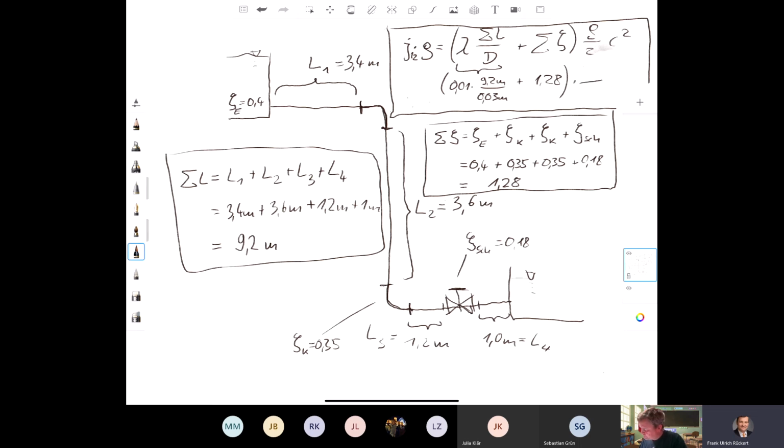So 2 times, and the velocity was, I think, 8.85 meters per second.